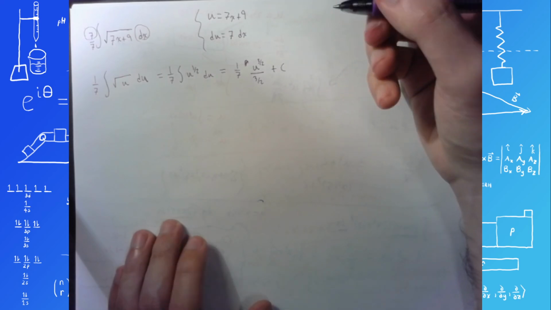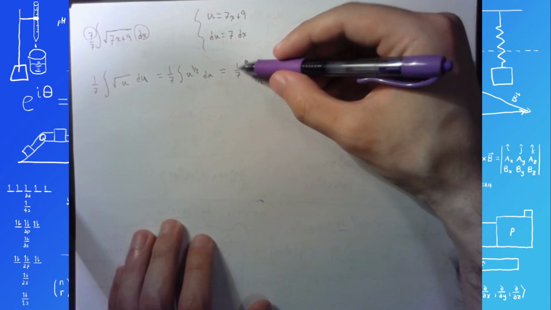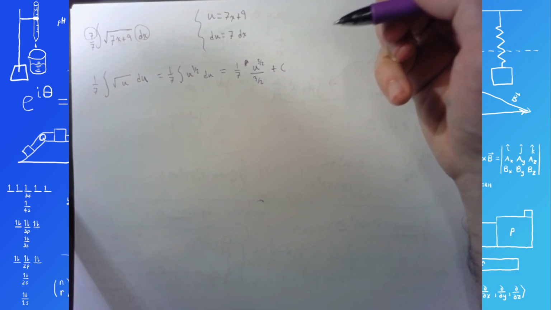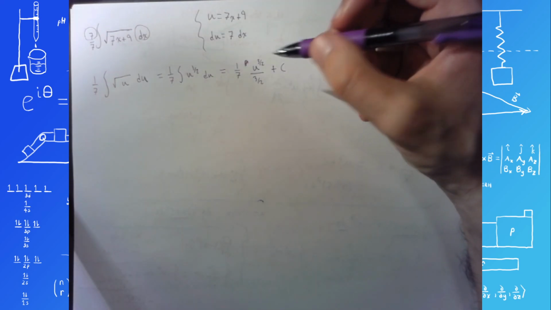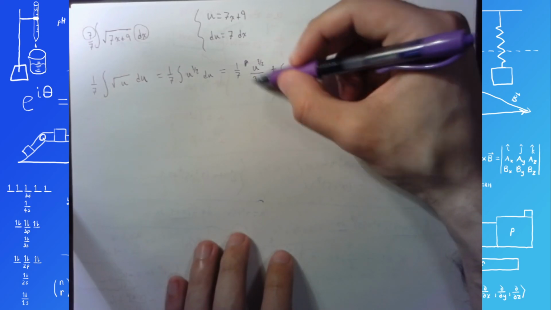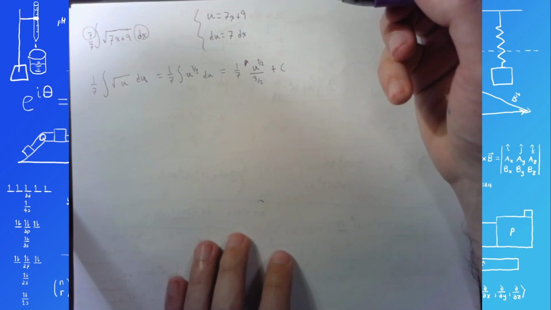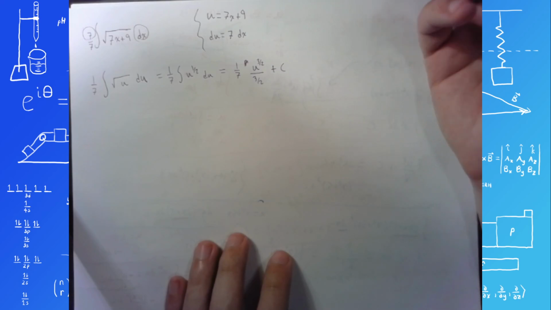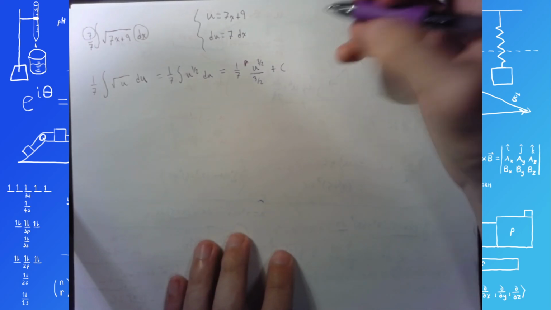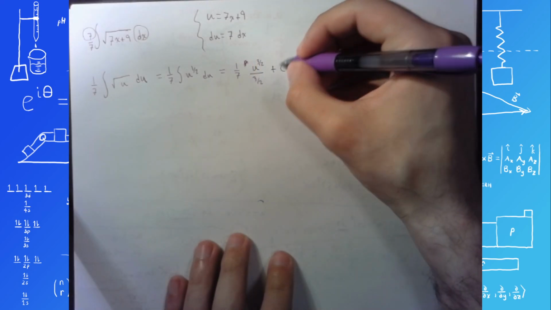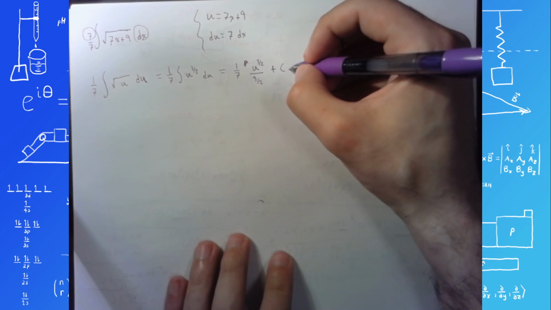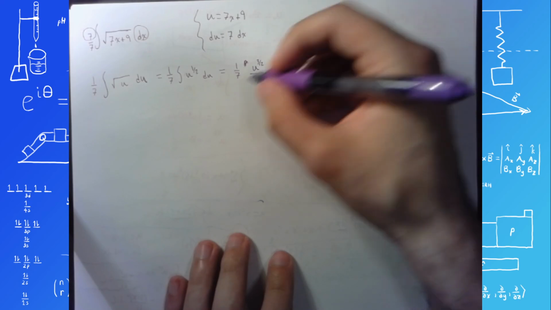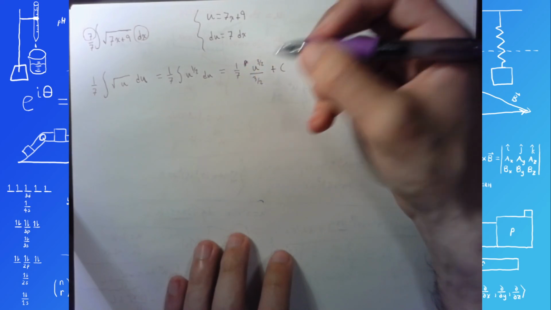plus c. Now, does the 1/7 distribute over the plus c? You can do that. You can do 1/7 of this stuff plus 1/7 of c, but 1/7 of c is just a different c. So why bother? This is an arbitrary constant, and 1/7 of an arbitrary constant is another arbitrary constant.